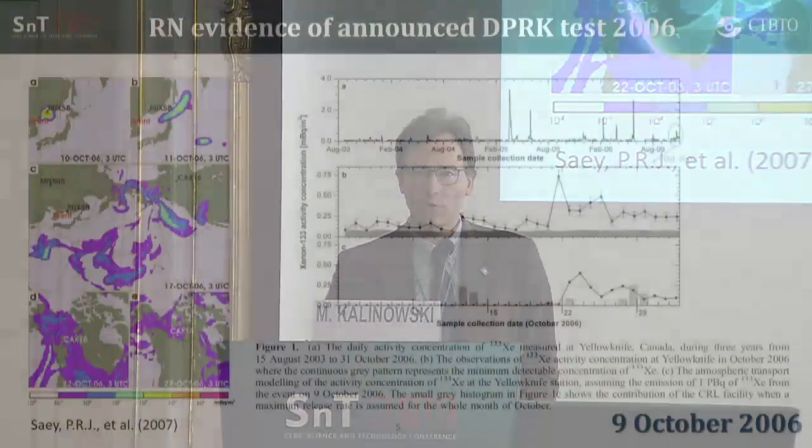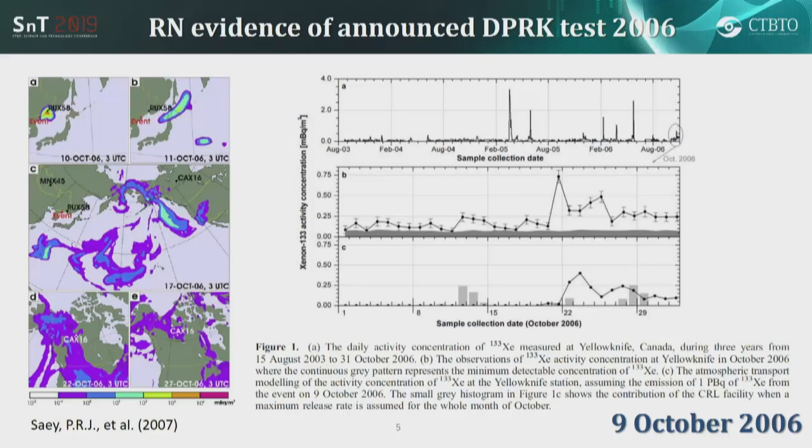So 2 of the announced DPRK tests were associated with radionuclide detections monitored at the IMS system, but with a delay after the test.